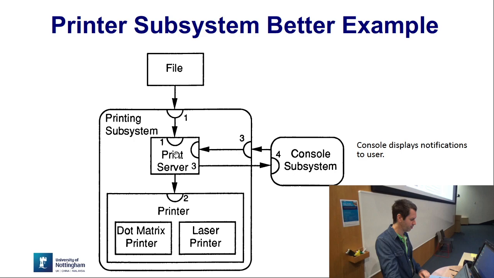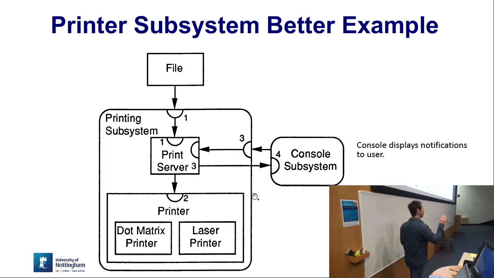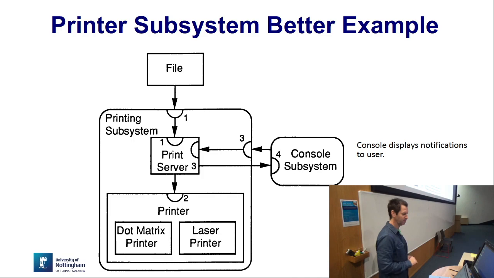So we don't have to worry about it anymore. It simplifies the pattern of communication, and we have this console subsystem here that displays notifications to the user, like go pick up your file from this printer, for example, or your file has just been printed, things like that.